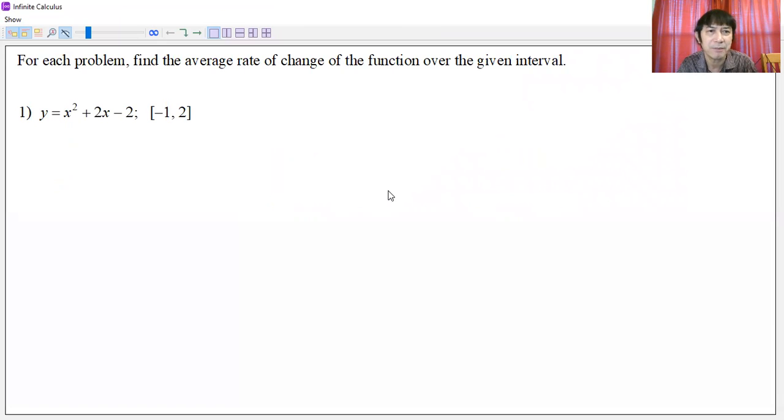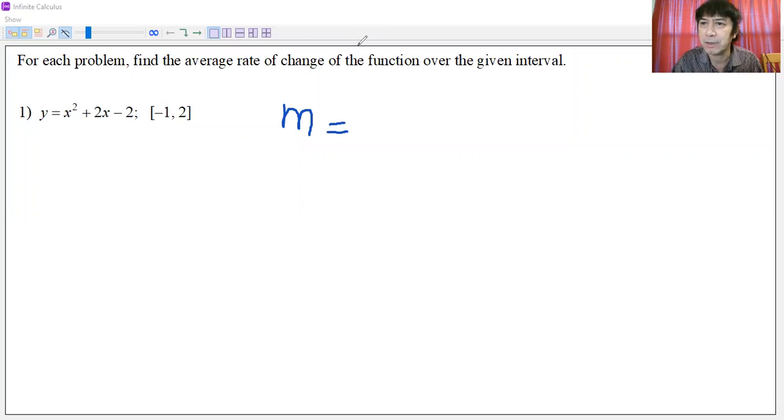For each problem, find the average rate of change of the function over the given interval. So for the given interval, these will be the values of x, the independent variable x. Now, the very nature of the average rate of change has a formula equivalent to the slope, so if we're going to describe its formula, it will be represented by m.